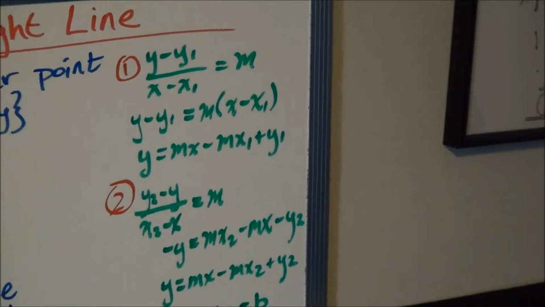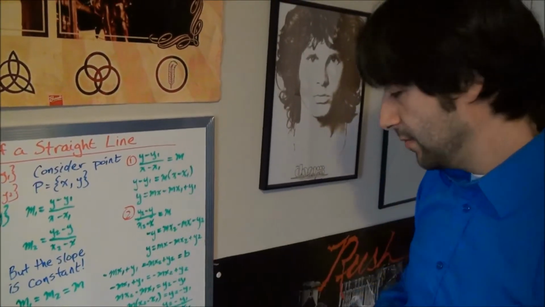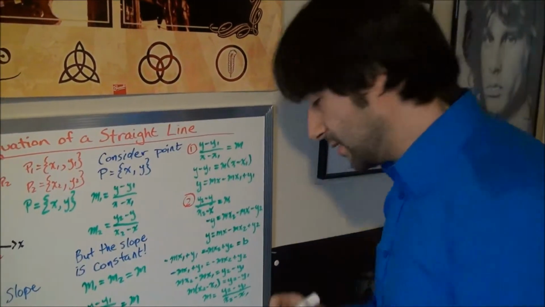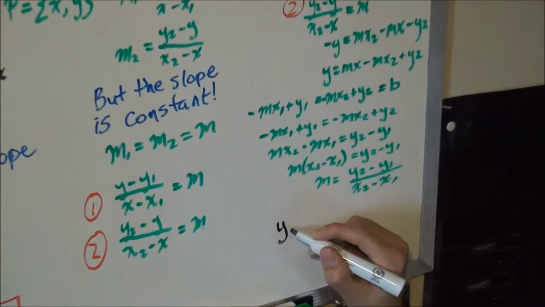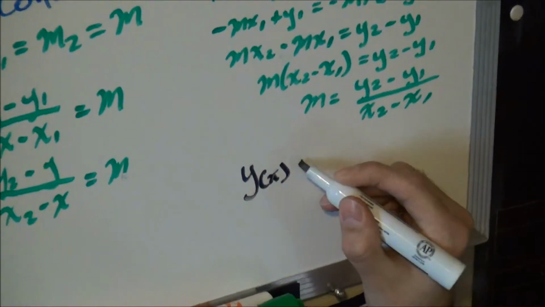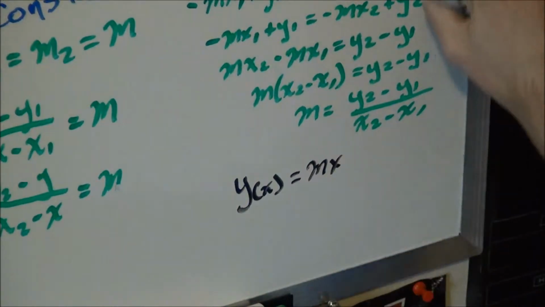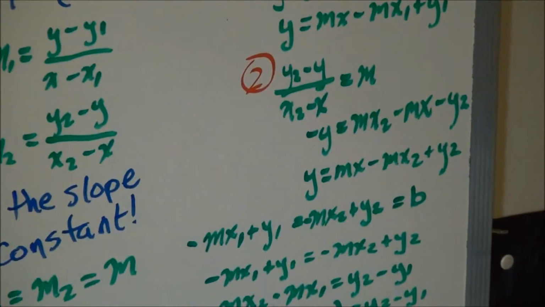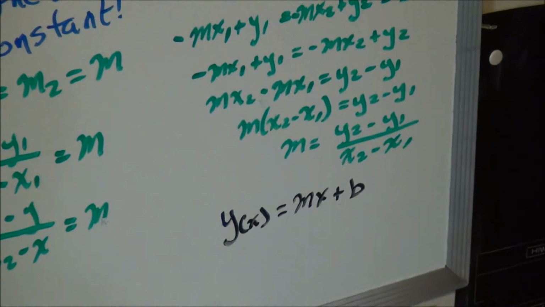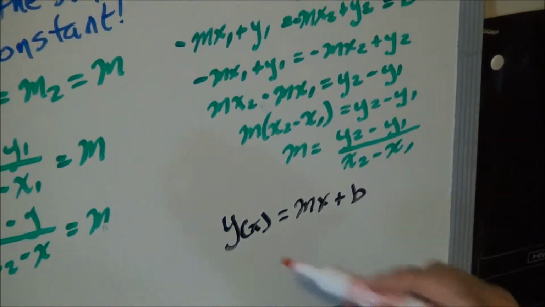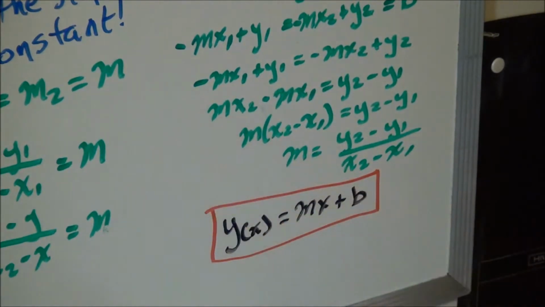Doing either of those will result in the same equation, and that equation is y, when it is expressed as a function of x, is going to equal m times x, and then I'm going to substitute in b for that. And that, my friends, is truly the most general form of the equation of a straight line.